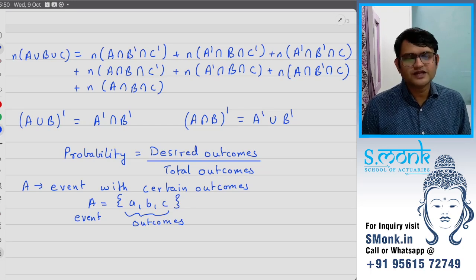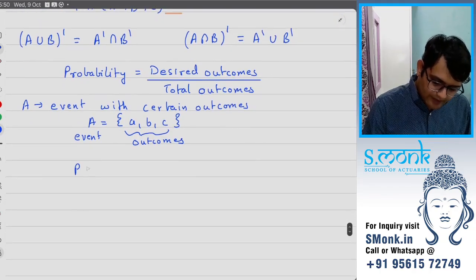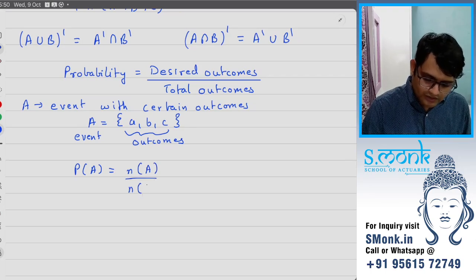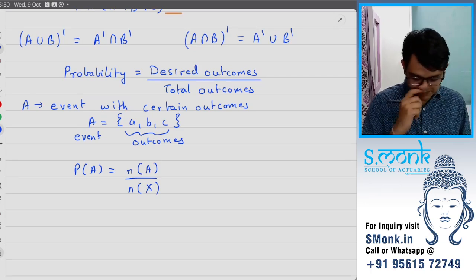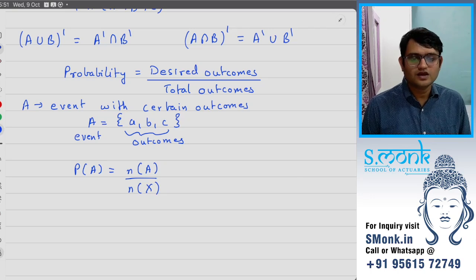You can see the similarity. This is represented very similar to a set. And probability of A, the probability that A would occur, is nothing but number of outcomes in the event A upon number of outcomes in the universal set.